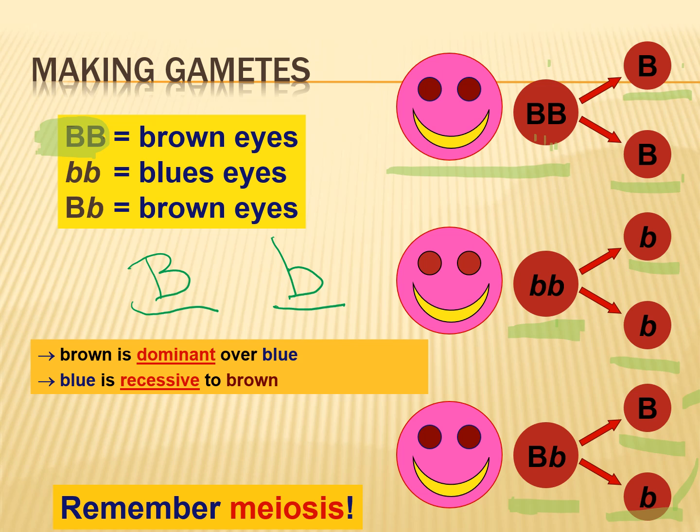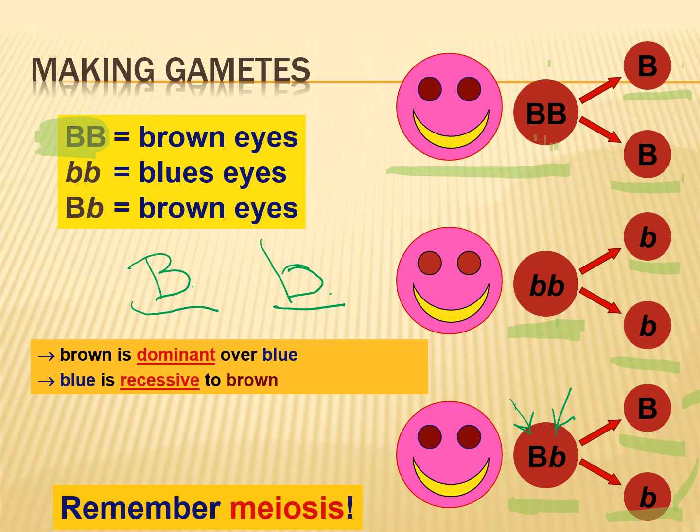It looks like you're just using the little letter, but suppose recessive was purple eyes, you would still use a little b because it's the lowercase of the dominant allele. So even if it wasn't blue, which starts with B, if purple was recessive, you would still use a little b. So a heterozygous has one brown allele and one blue allele.